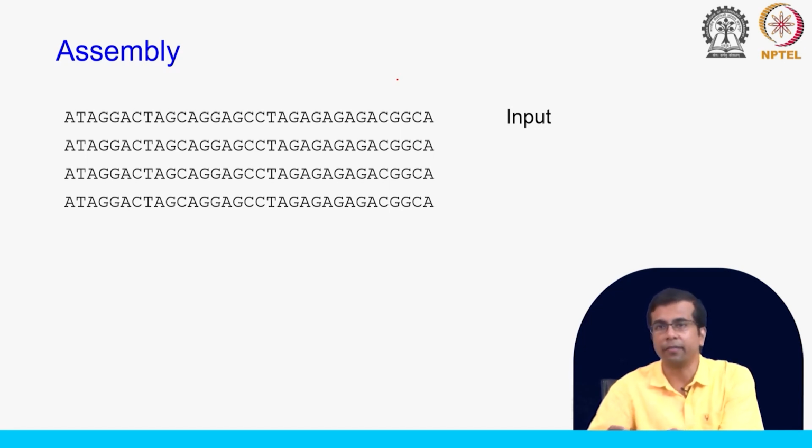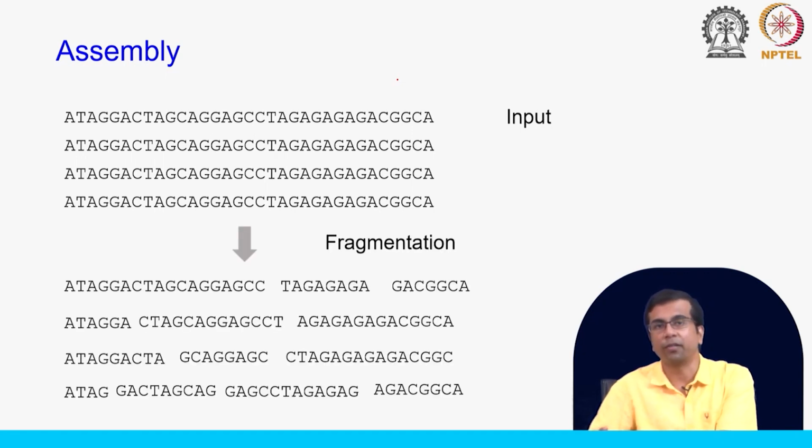So, in a sense you have multiple copies of the same genome sequence, maybe with some minor differences here and there, but most of them are identical. Okay. So, you generate these multiple copies, here I am showing only 4 copies. You can imagine this can be millions depending on the number of cells you are working with.